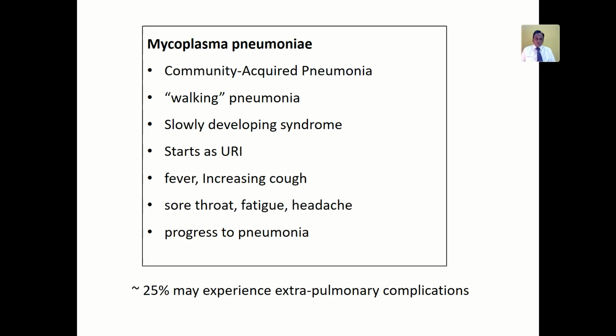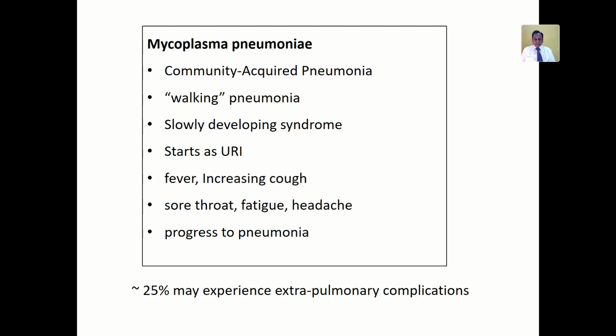Coming to another important organism, I already said that above 5 years you have to think of Mycoplasma pneumoniae. I already talked about this in a separate video, and it is also one of the important causes of community acquired pneumonia. Sometimes it is called walking pneumonia, because unlike the typical pneumonia, it starts as a URI, a slowly developing syndrome, and even the symptoms are very, very mild.